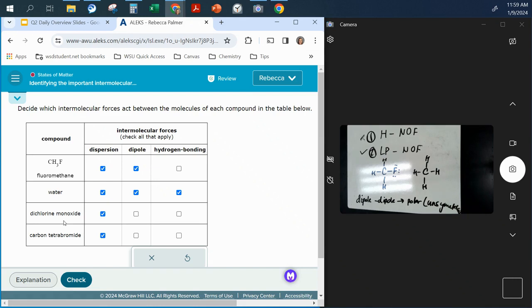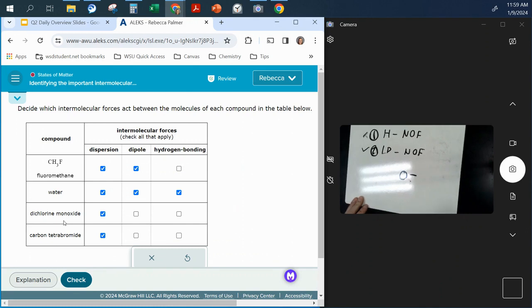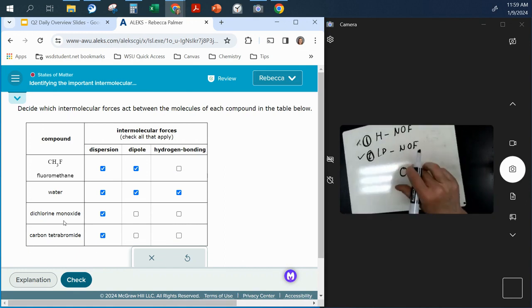Difluorine monoxide. Let's see what this looks like. So I think this is going to look something like this because oxygen. Let's see.